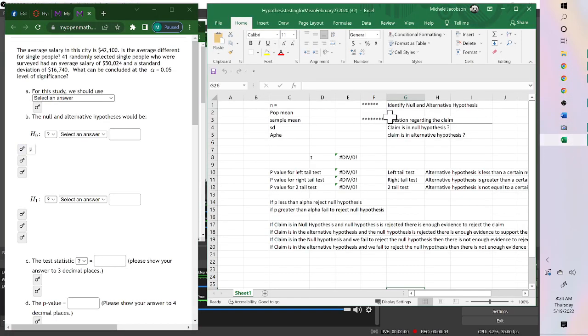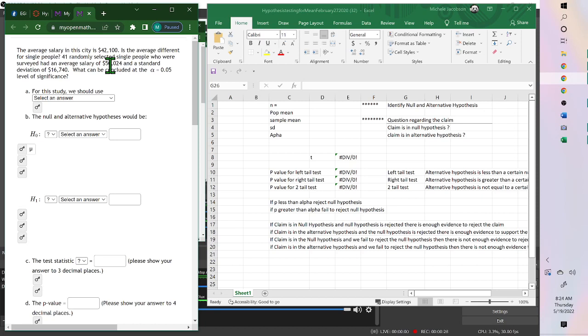For this problem, you want to use, under Chapter 9, a hypothesis test for a mean, because this is testing an average. Here it says average. So the average salary in this city is $42,100.